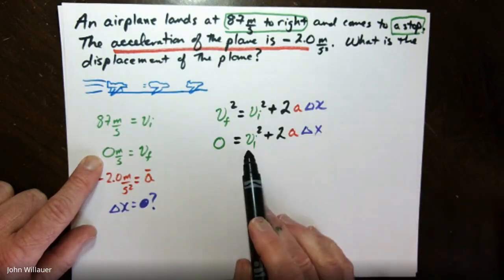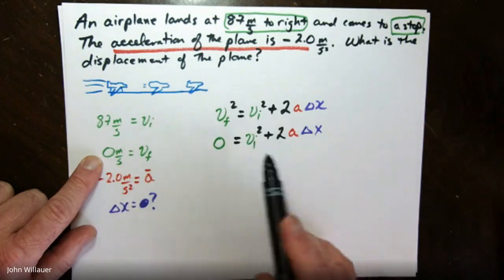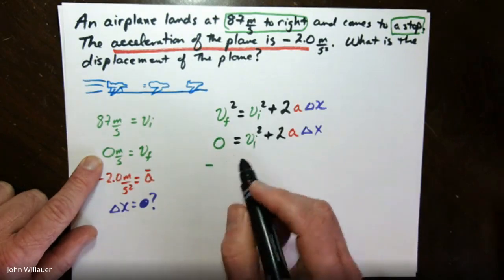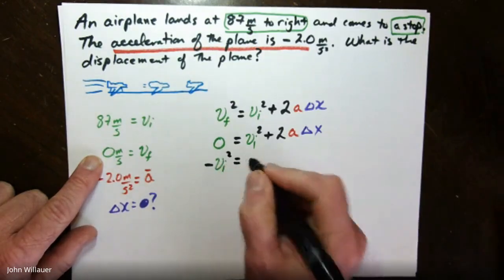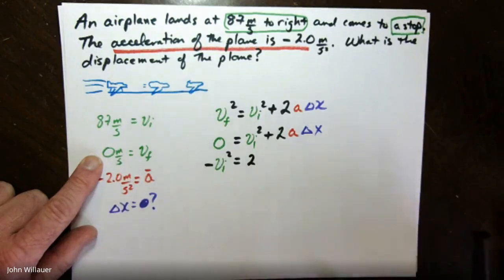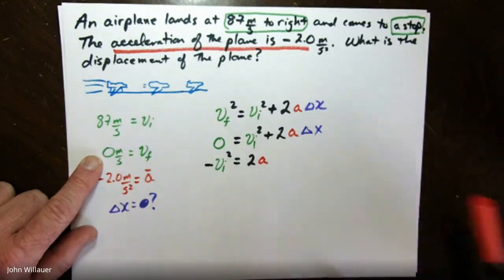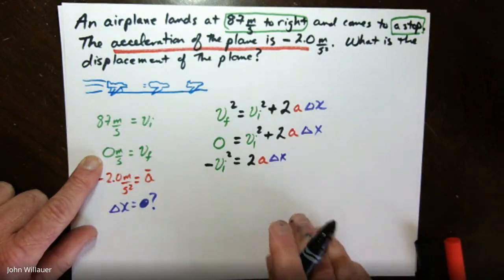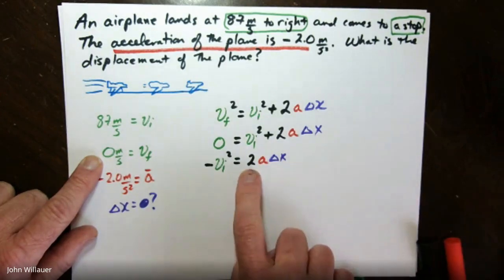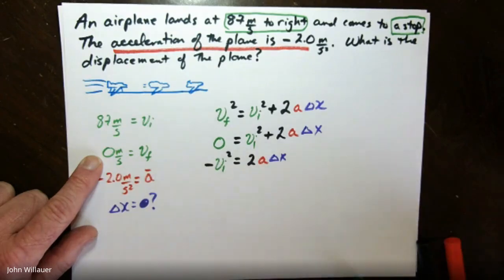So I'm going to just subtract vi squared from both sides. So I'm going to get minus vi, the minus should be a negative now because I subtracted it, squared, equals 2 times the acceleration times delta x. And now all I have to do is divide both sides by 2a, and that'll give me delta x all by itself. So I'll do that real quick.